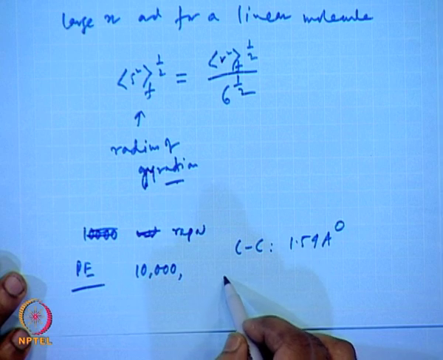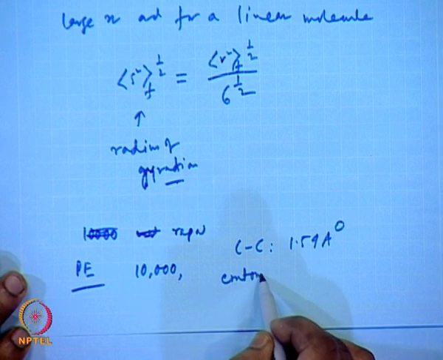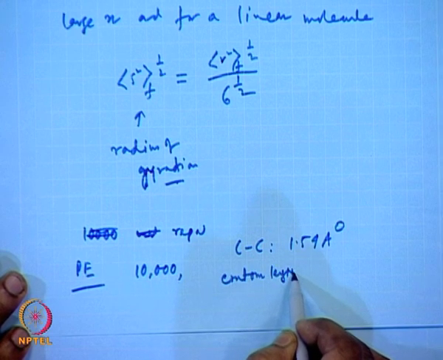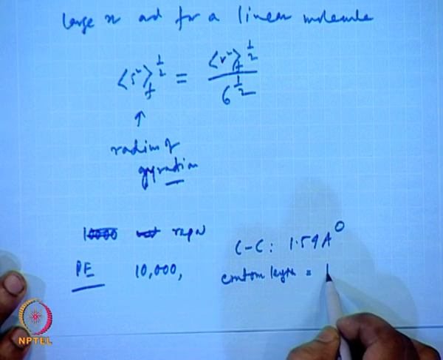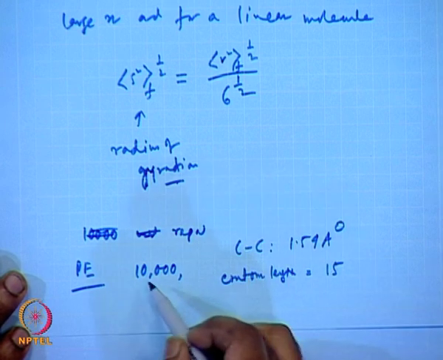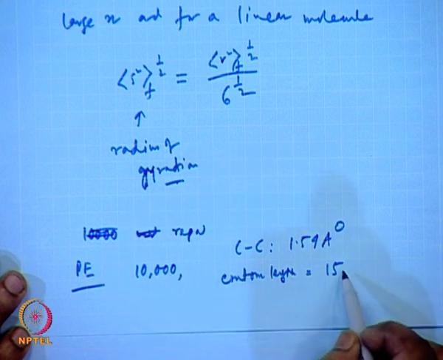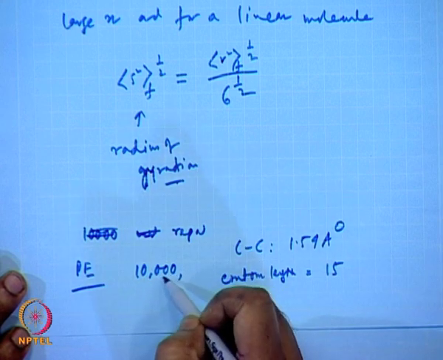So the contour length would be this multiplied by the number of bonds. It will be less than that in the true sense, but we are ignoring that.